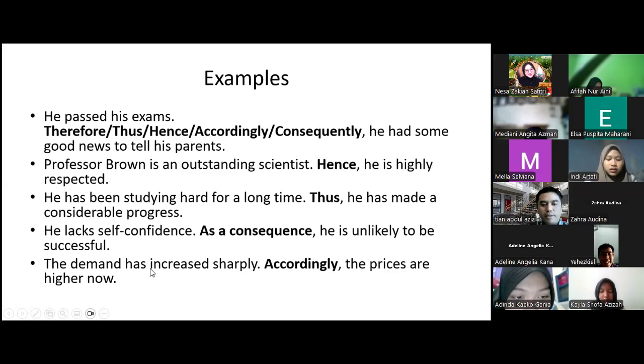The demand has increased sharply, and the result of this situation is that the prices are higher now. So we use the connectors here, accordingly, or as a consequence, thus, therefore, they are the same, to indicate the result of the first sentence. Okay, good.